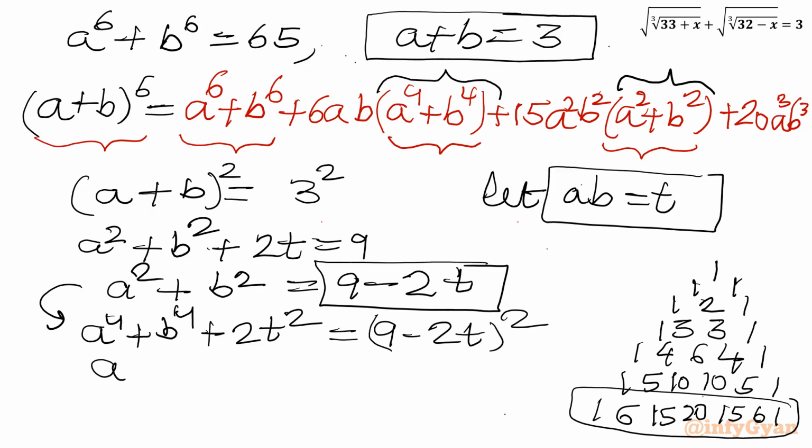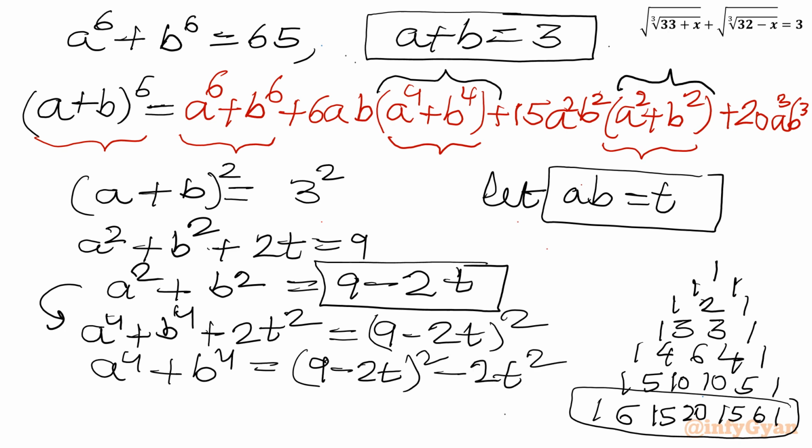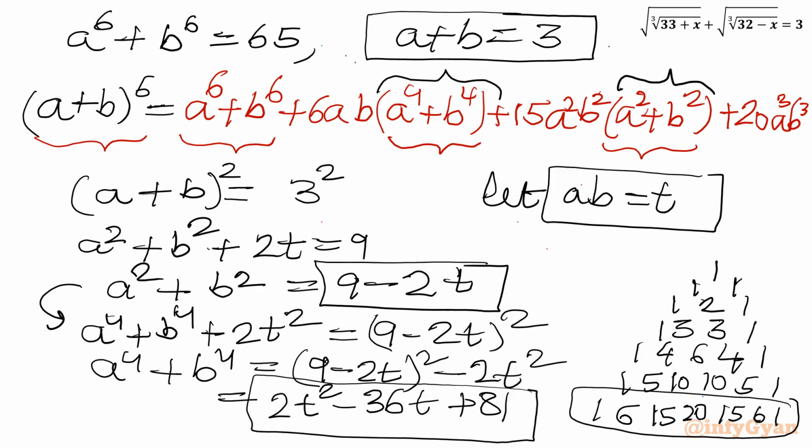So from here a power 4 plus b power 4 value will be 9 minus 2t whole square minus 2t square. If I will expand this, I will be having 2t square minus 36t plus 81, and this result I will use directly here. So both the values known now, and ab is equal to t.